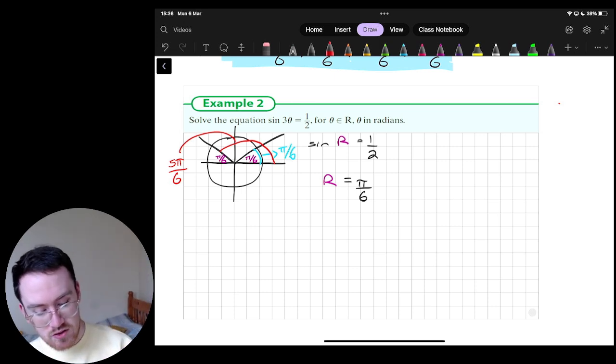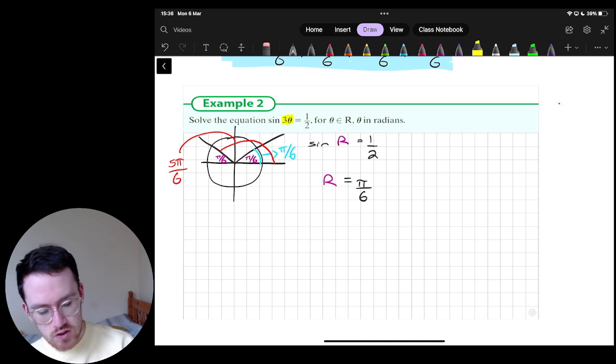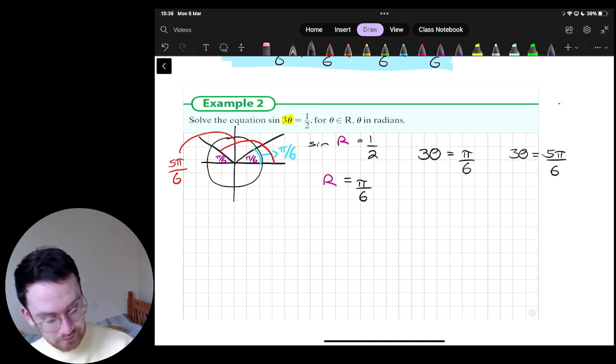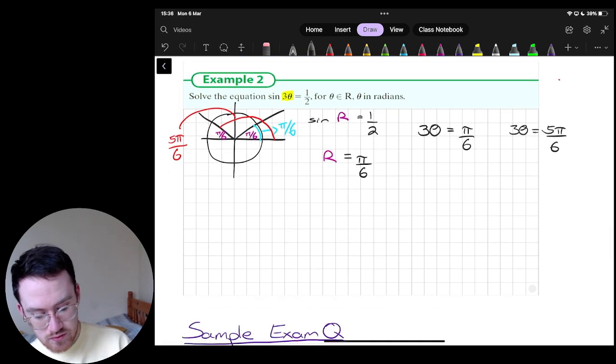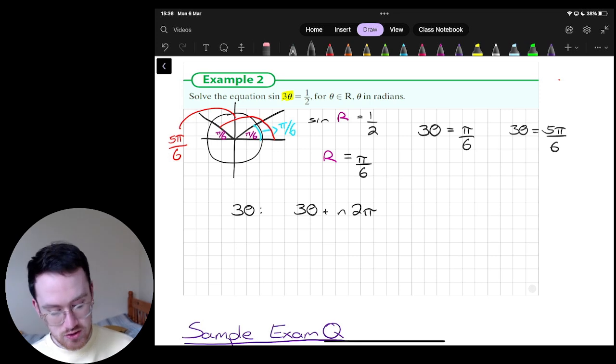We have to be careful at this point because the question was 3 theta. So my two solutions are that 3 theta is pi over 6 and 3 theta is 5 pi over 6. Now we want to see our general solution. If we remember from the start, our general solution for 3 theta is 3 theta plus n 2 pi.